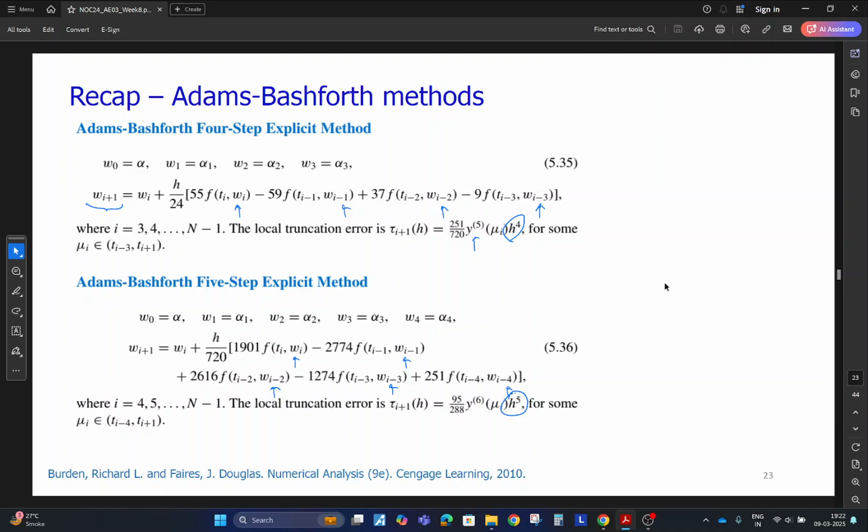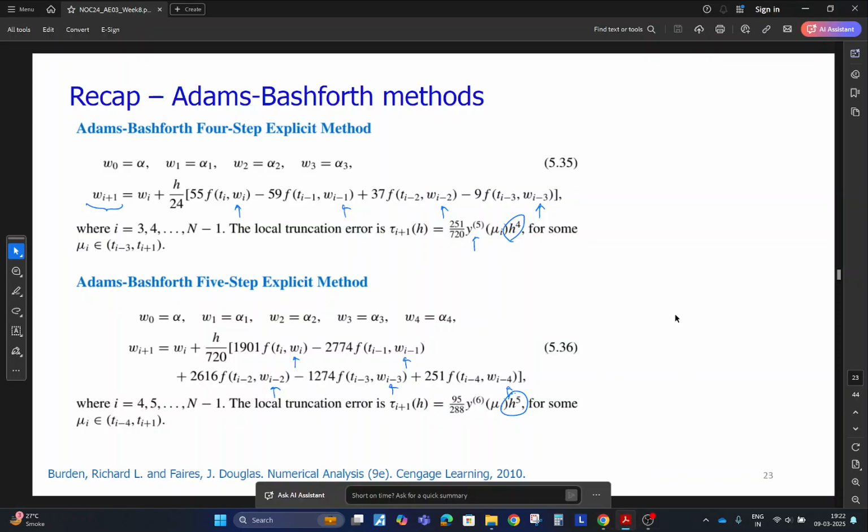There is also the Adams-Bashforth five-step explicit method, where now we are making use of the information available at five previous time steps. For the current time step, the unknown variable Wi plus 1 is given as Wi plus h by 720 times 1901 times f at ti comma Wi, minus 2774 times the value of the function evaluated at ti minus 1, Wi minus 1, plus 2616 times the value of the function evaluated at ti minus 2, Wi minus 2, minus 1274 times the value of the function at ti minus 3, Wi minus 3, plus 251 times the value of the function at ti minus 4, Wi minus 4.